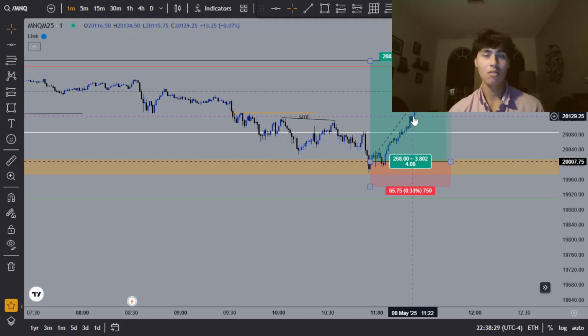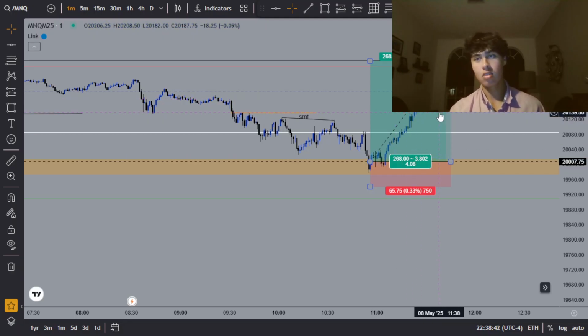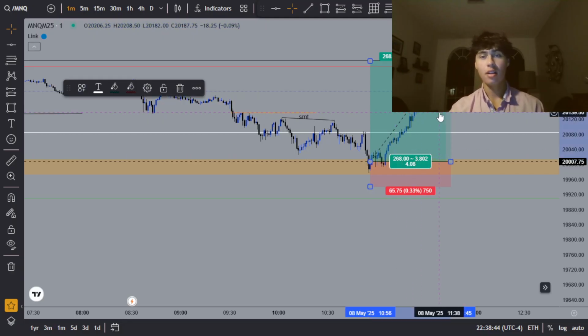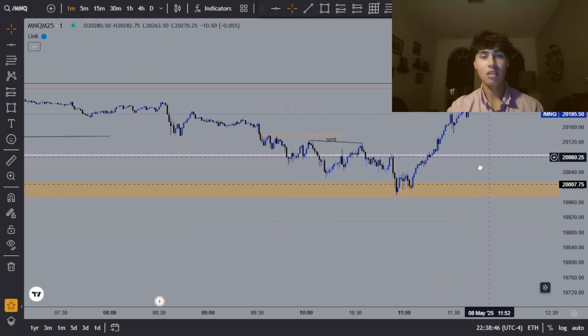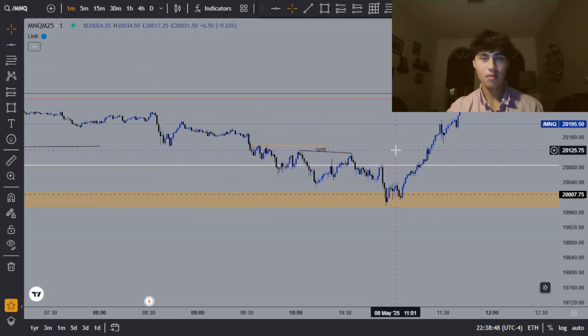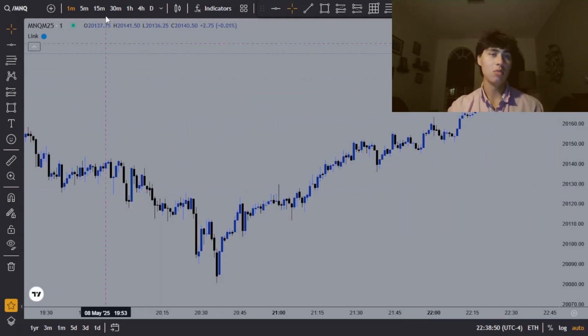But considering the model, breaking down the fractal, and aligning with a daily narrative, this was the trade that should have been taken today. 1 to 4 RR, trade of doom, bro. This would have fed families on families, but anyways, it is what it is.